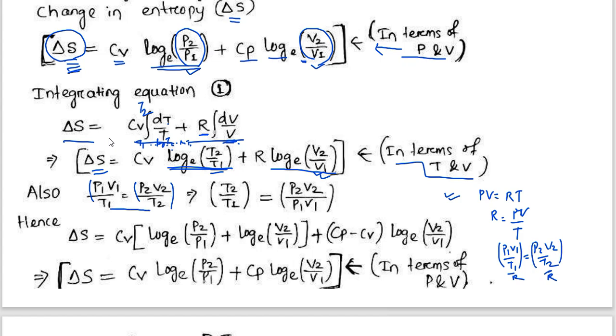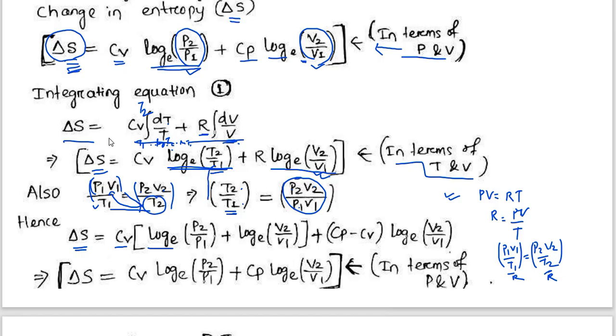Okay, from this part, what is T2 by T1? Keep T2 above and T1 in the same place, and take P1 V1 to the lower side. That will be P2 V2 by P1 V1. So T2 by T1 equal to P2 V2 by P1 V1. So put delta S equal to Cv log T2 by T1.